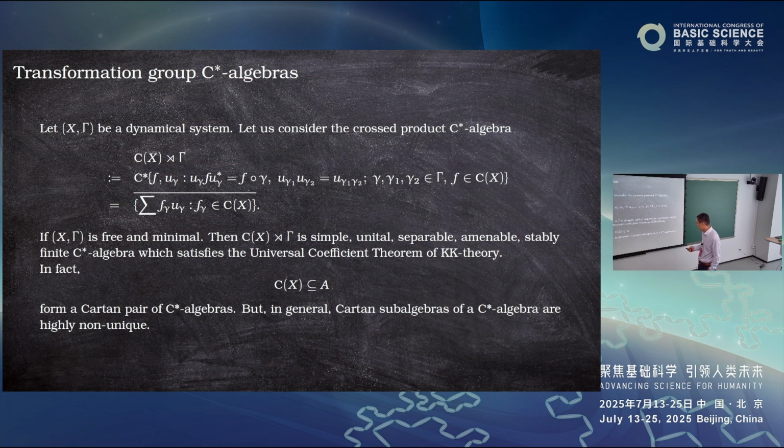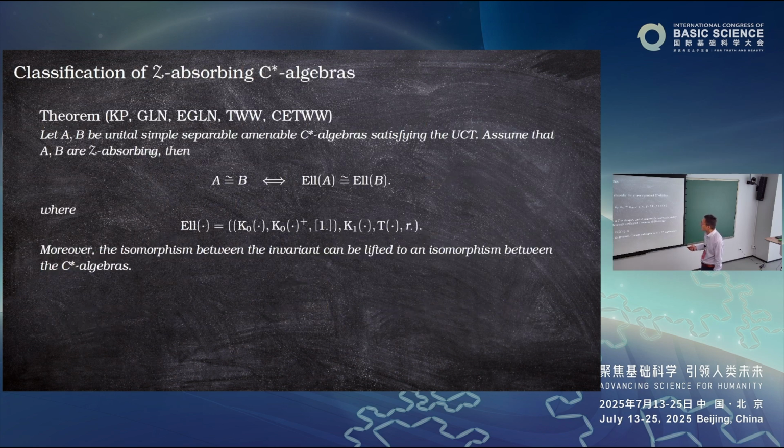So in general, Cartan subalgebras are highly non-unique. I will come back to this in a moment. Actually, the reason is not complicated. So this is the C-star algebra we want to look at. And now if we look at these simple amenable UCT C-star algebras, then we have this classification theorem.